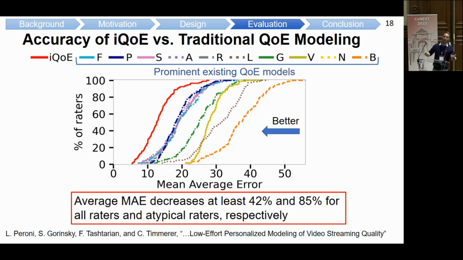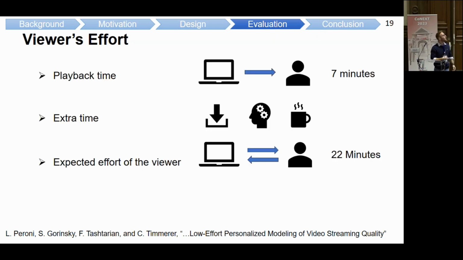And how much time is requested from them for reaching these results? Well, the total playback time of our 50 experiences is 7 minutes. Then there is some extra time: for example, downloading the video itself takes time, thinking about the score takes time, and maybe the viewer wants to take a break in between.